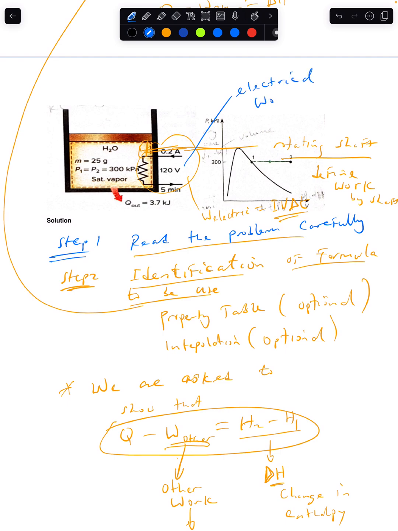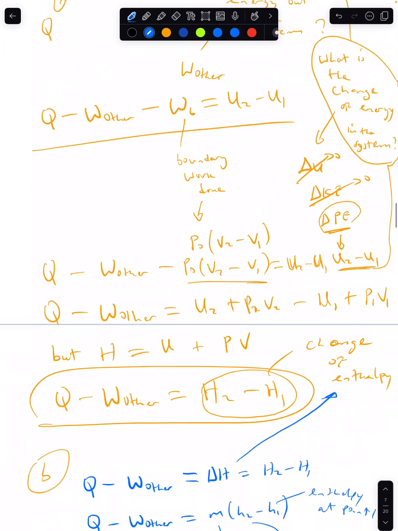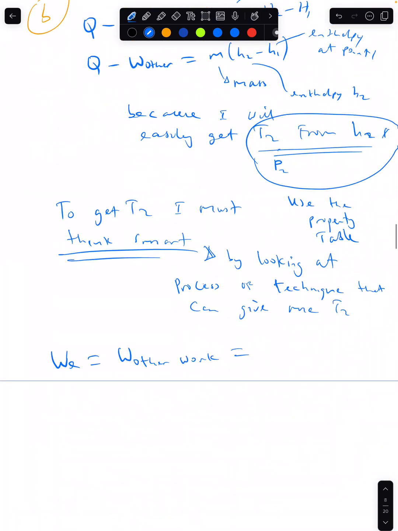Electrical work is gotten by what? By using the current times the voltage with respect to change of time. So this is current, this is voltage, this is change of time.